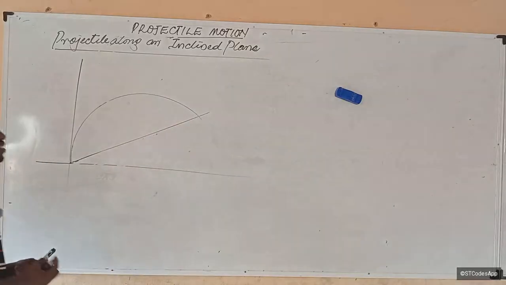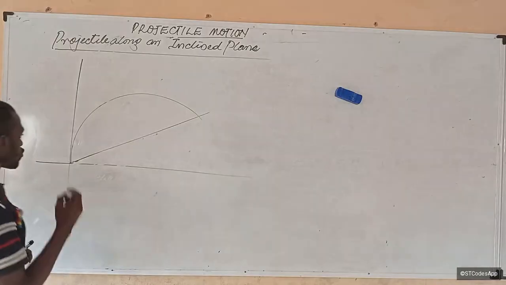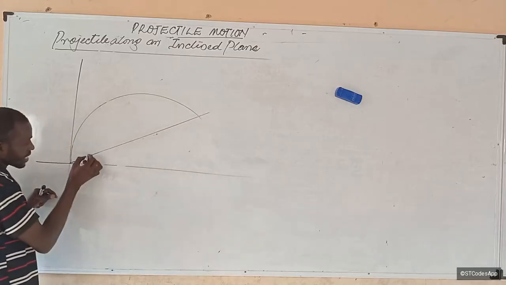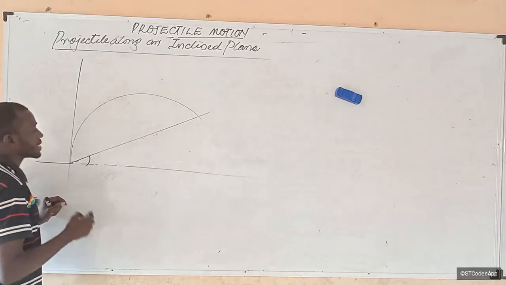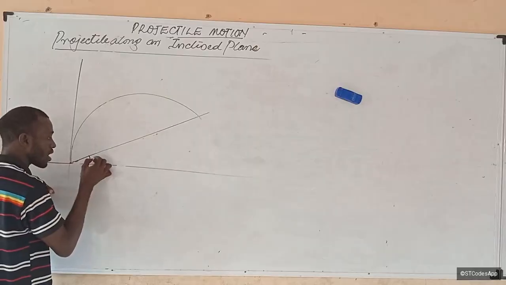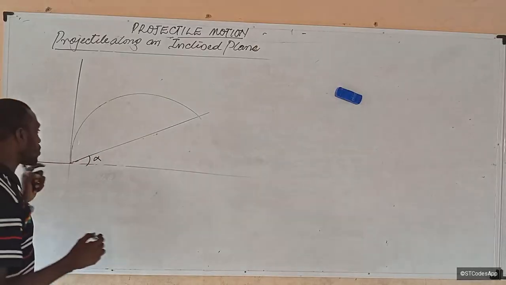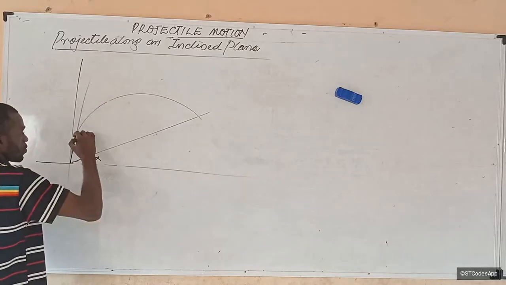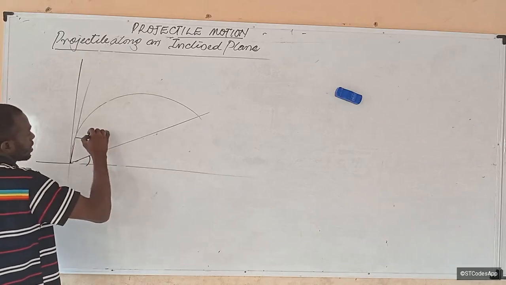Now, what is going to happen? You know that our staircase is inclined at a particular angle, right? Let's call that angle alpha. But we launch our projectile relative to the horizontal at an angle theta.